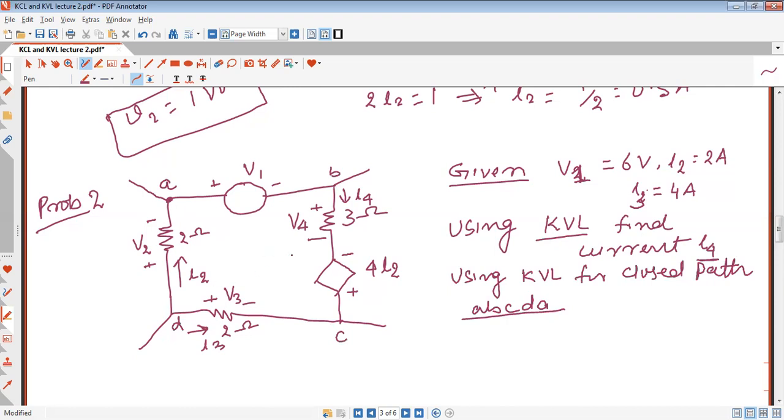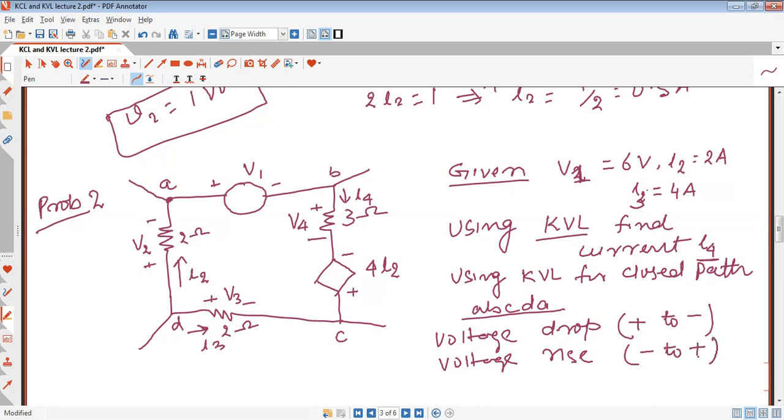So using the Kirchhoff voltage law, the sign convention is very important. Voltage drop means if we move from positive to negative terminal, then voltage will drop, and voltage rise means going from negative to positive.